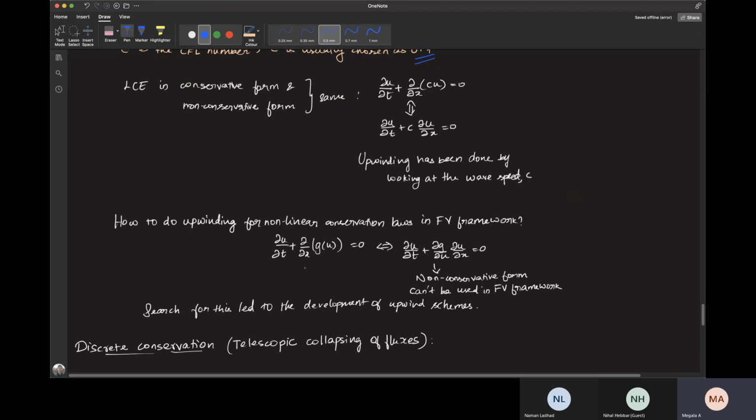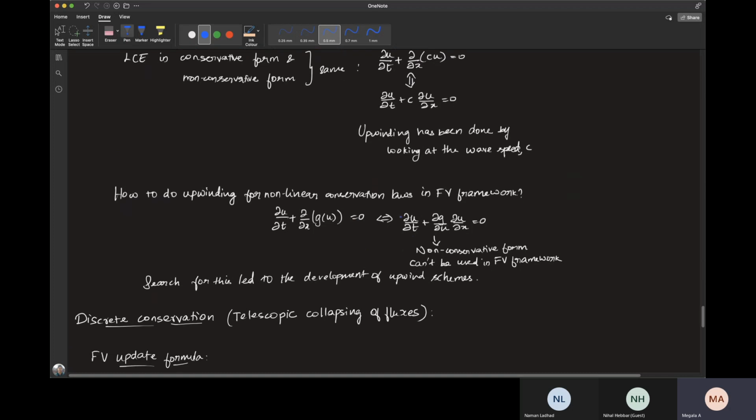So now this is a nonlinear conservation law. This is in conservative form. To make it non-conservative form, you write it in this way: dou u by dou t plus dou g by dou u into dou u by dou x equals 0. So this is a non-conservative form of the same equation.